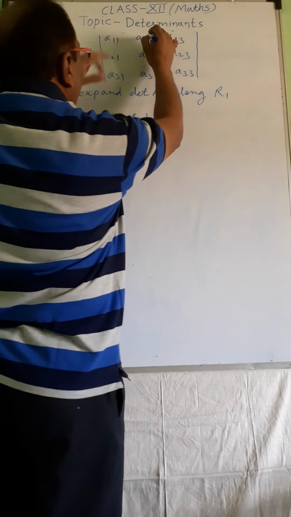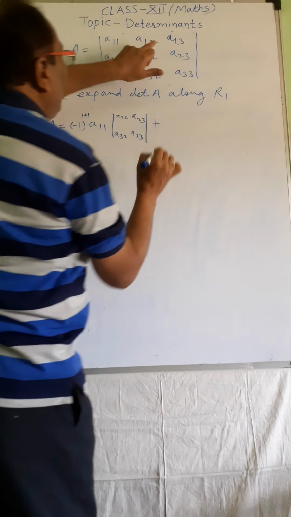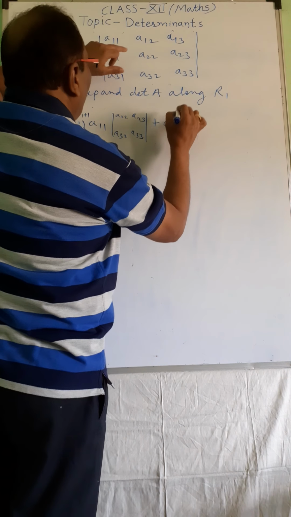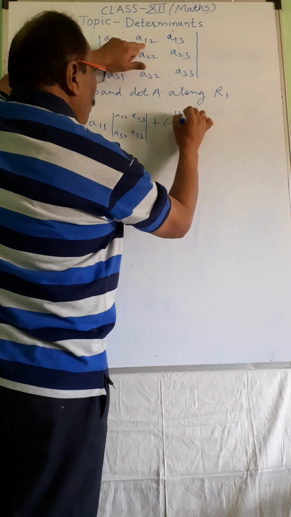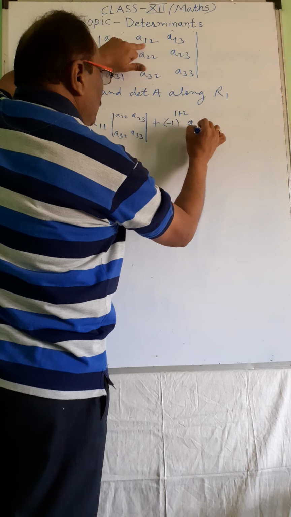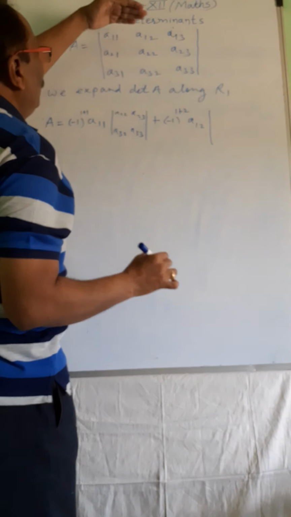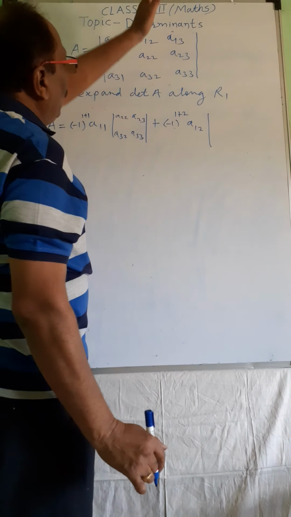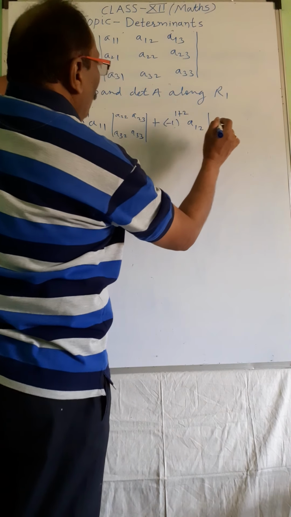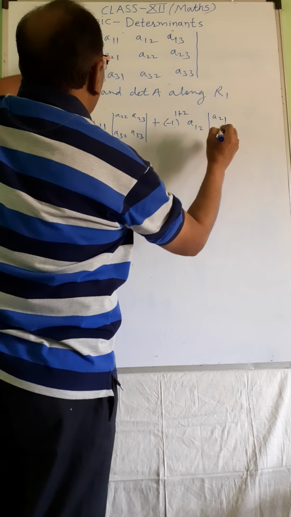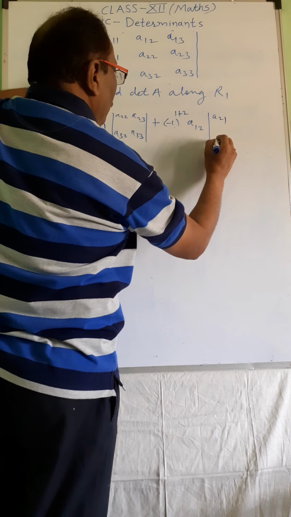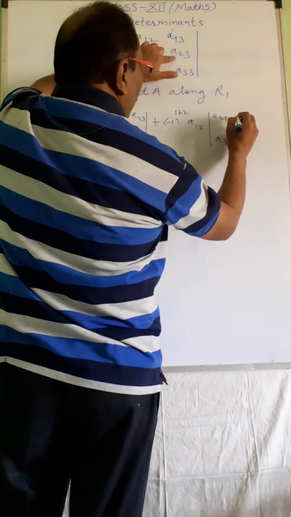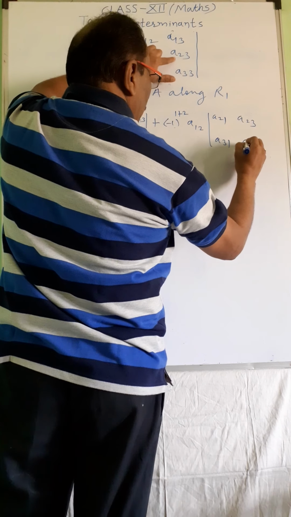Then here also plus. The second element is A12, which means we take minus 1 raised to power 1 plus 2, and the element itself. Then the determinant: for A12, first row and second column, the leftover elements are A21, A31, A23, A33.